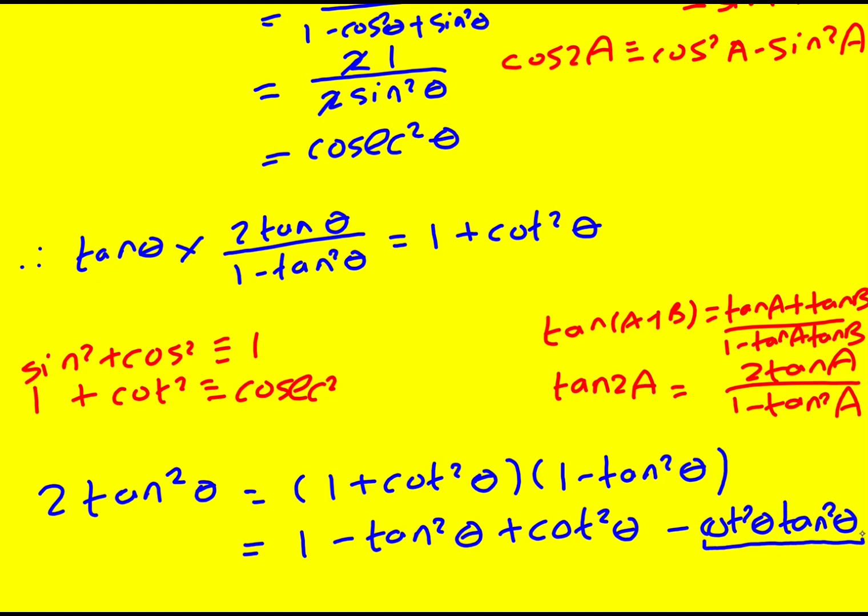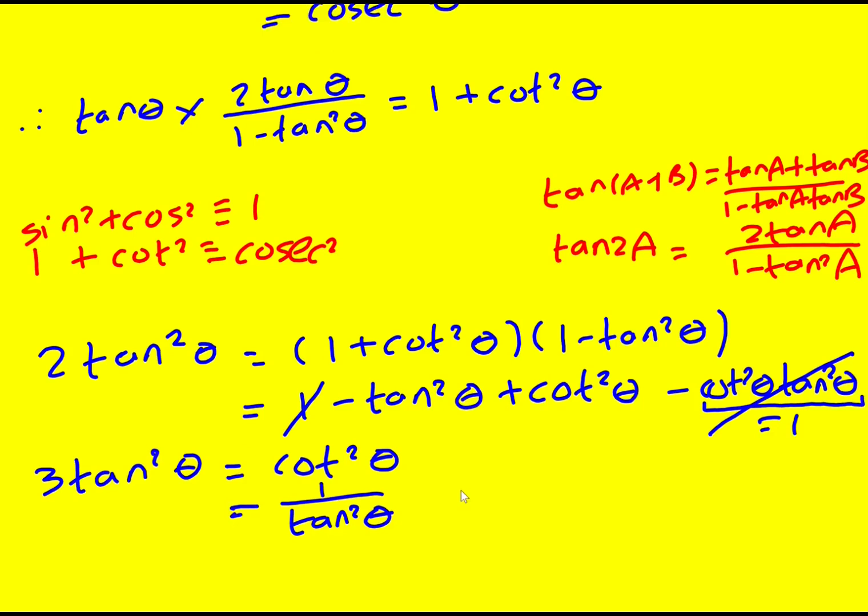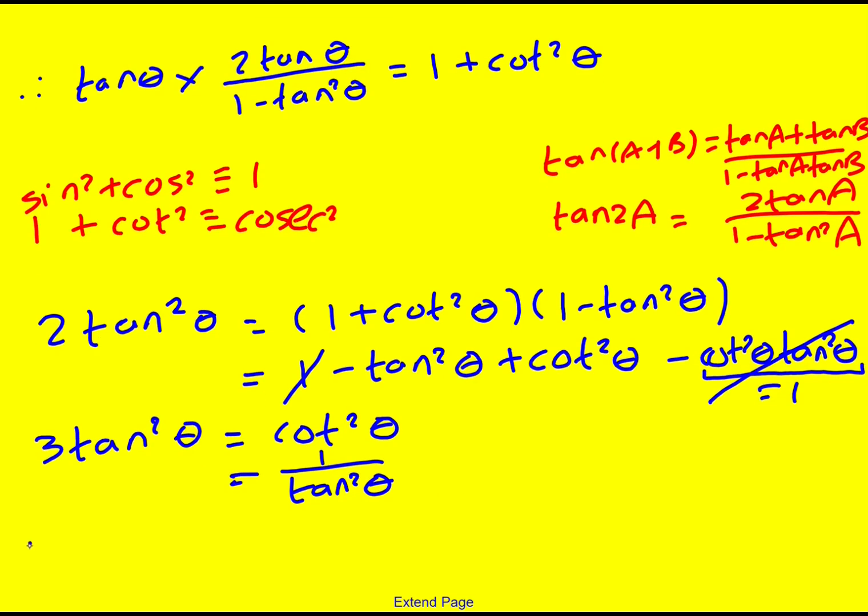Now this is actually just equal to 1 because I've got 1 over tan squared theta times tan squared theta. And then it cancels out with this one. So I end up with 3 tan squared theta is equal to cot squared theta, which remember is 1 over tan squared theta. And we're basically there.